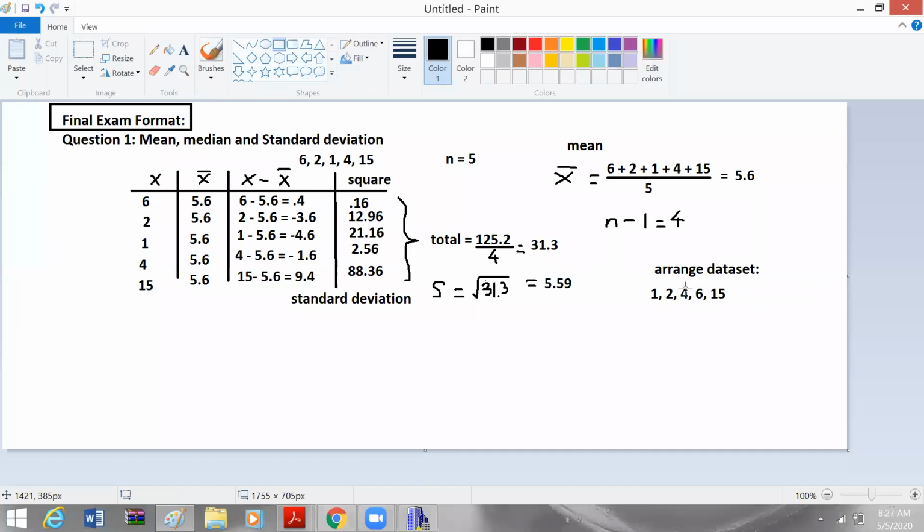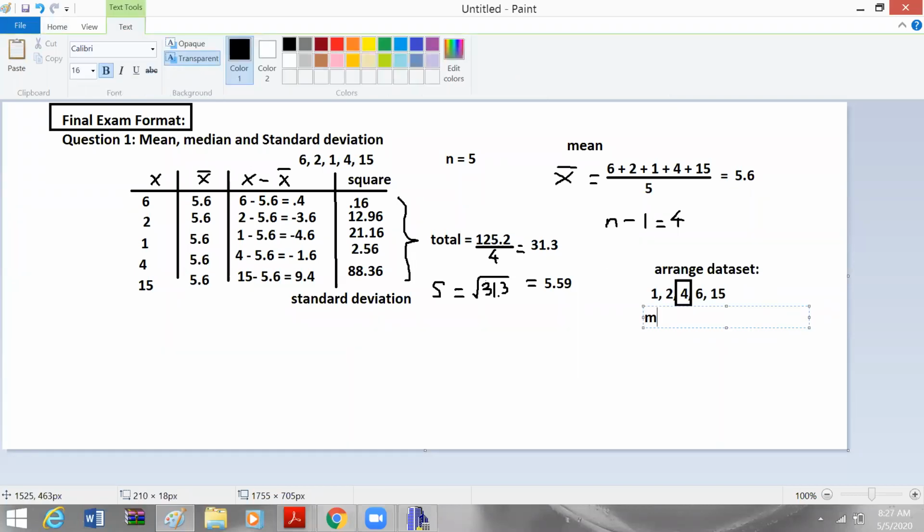Remember, the final exam is going to give us 5 different numbers. So the middle value will be the median. So the median here will be equal to 4. The median has nothing to do with the average. The average is adding them up and dividing by 5. For the median, we don't do any calculation. We just arrange the data set and pick the middle number.